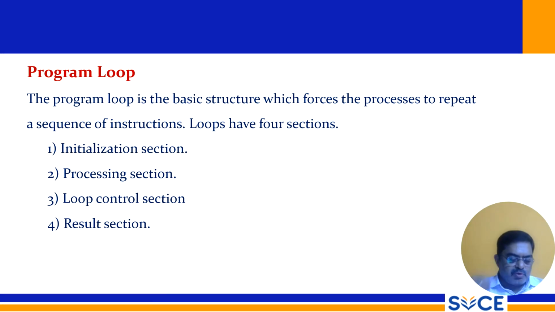Then program loop instructions. Each loop has these 4 sections: initialization section, processing section, loop control section, and result section. The program loop is the basic structure which forces the processor to repeat a sequence of instructions.